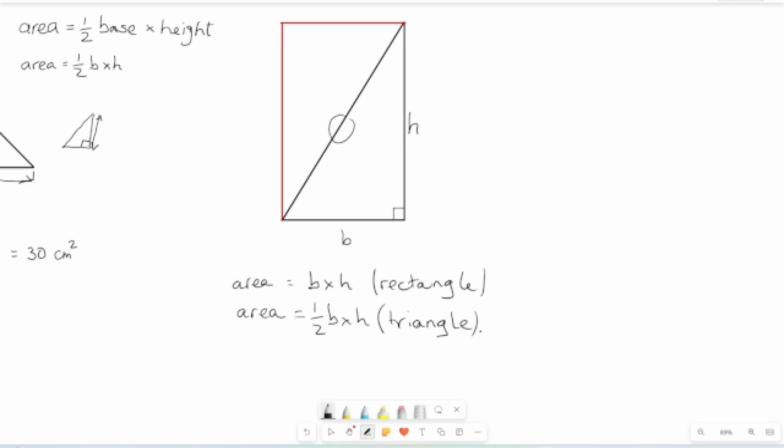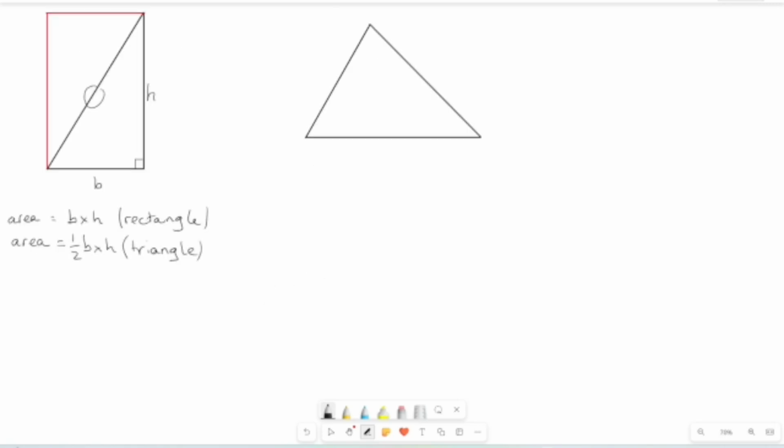In fact, this formula works for any shaped triangle, but it's not intuitive as to why that is. So next we're going to look at some other shapes of triangle, not right angled ones, and just check it works for those too. Here's the next shape of the triangle, not a right angled triangle.